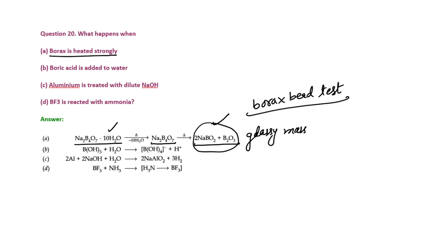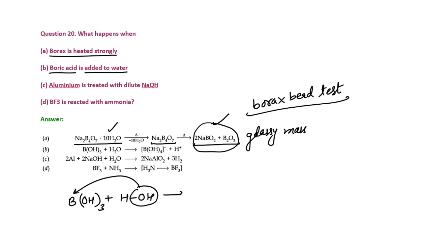Next, when boric acid is added to water. We have done this before. Boric acid is electron deficient. So when water is added, it accepts OH negative ion, being electron deficient, and which in turn gives H plus ion.